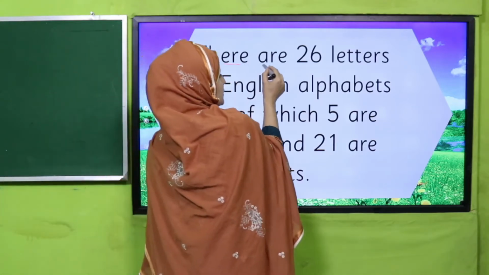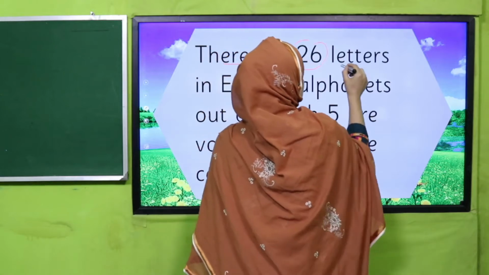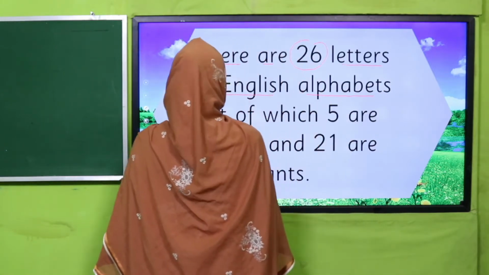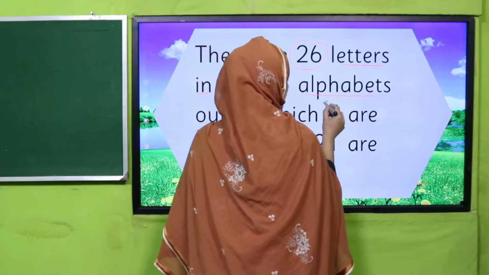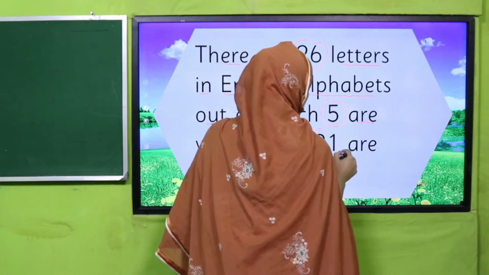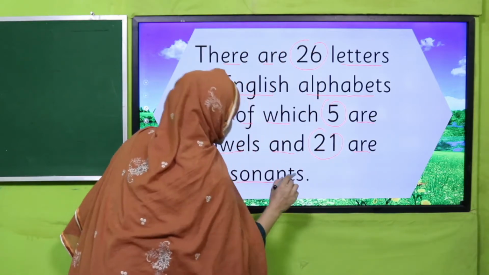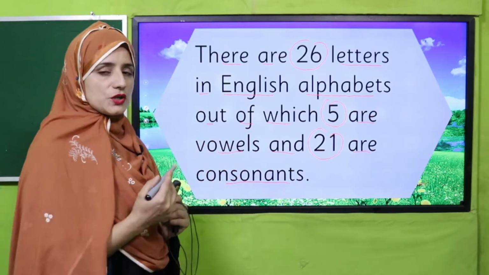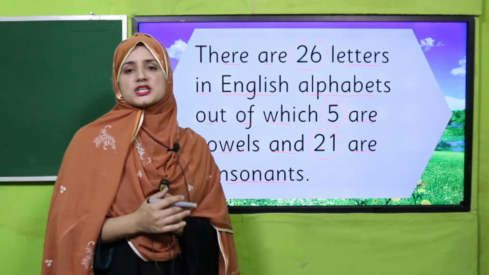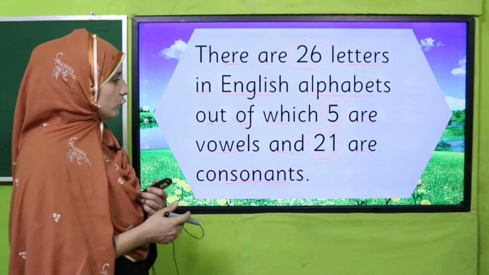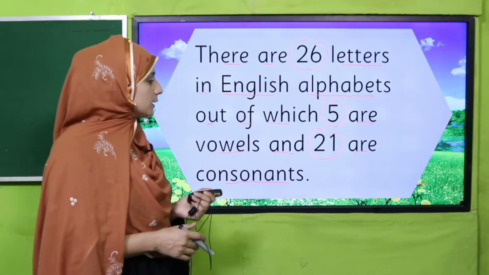What are consonants? There are 26 letters in the English alphabet, out of which 5 are vowels and 21 are consonants. Yes, my dear students, as we know that we have 26 total letters in the English alphabet, and from those 26 letters, 5 are vowels and 21 are consonants.